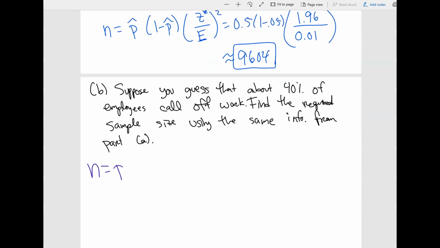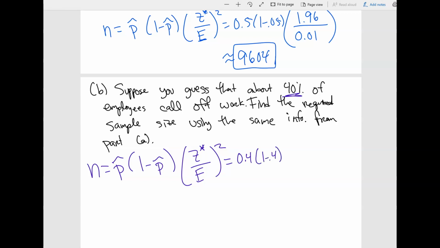N is equal to p hat times 1 minus p hat, times z star over e, squared. Now p hat is not going to be 0.5; it's going to be 0.4, because now we have a guess. So it's 0.4, 1 minus 0.4. Z star hasn't changed, it's still 1.96. E is still going to be 0.01.